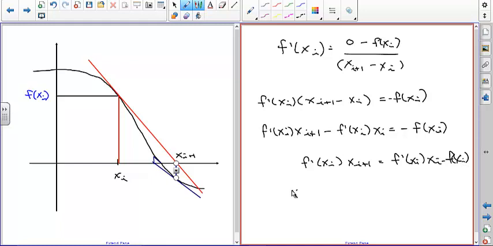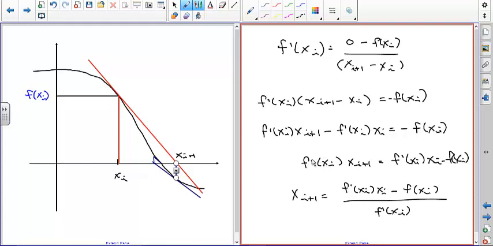And then to solve, x sub i plus 1 is going to be equal to f prime of x sub i times x sub i minus f of x sub i, divided by f prime of x sub i.